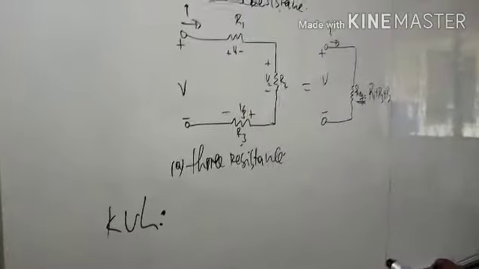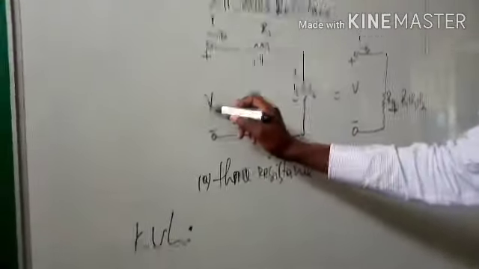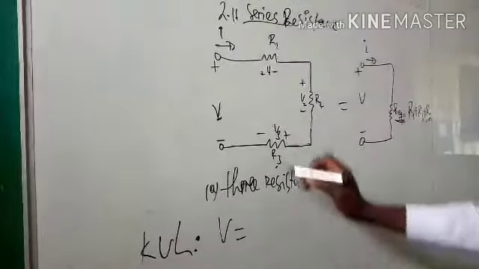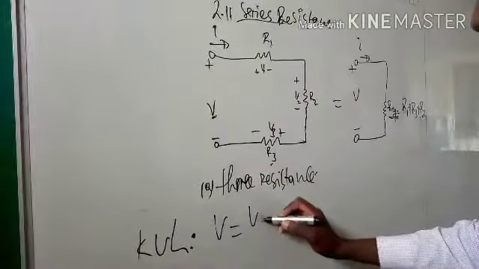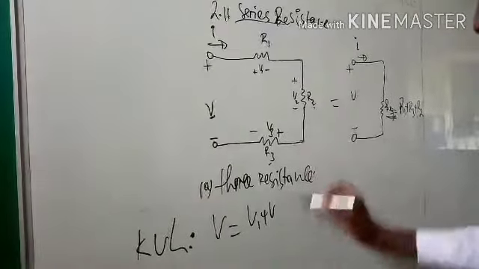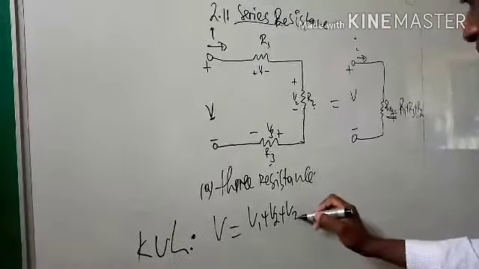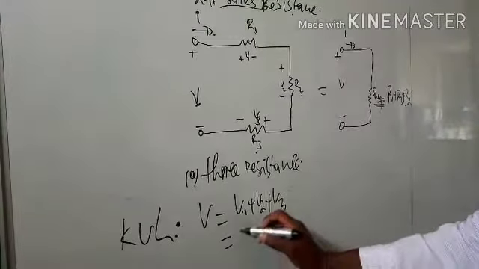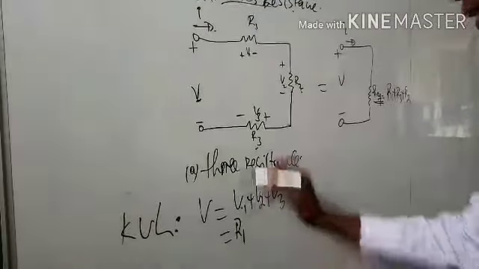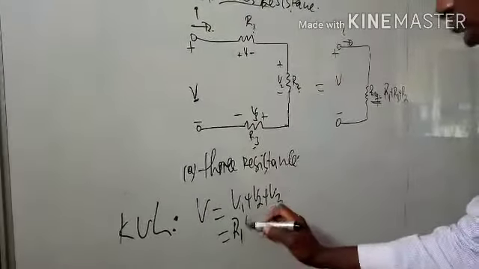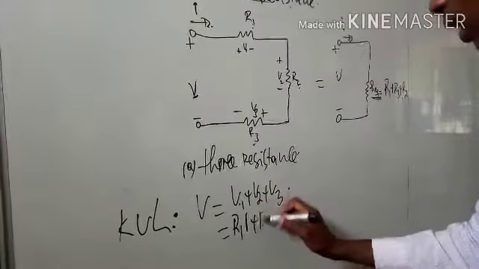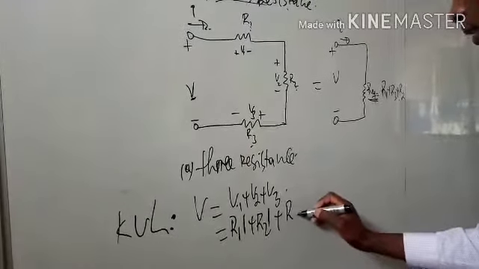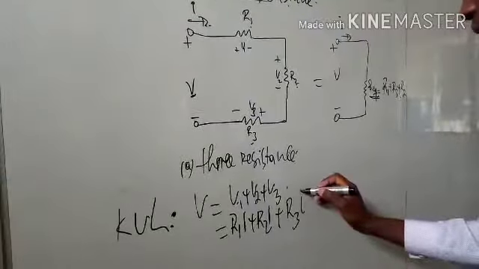Here we have to find the voltage of the whole circuit, and V will be equal to voltage 1 plus voltage 2 plus voltage 3. Voltage 1 is equal to R1 times the current flowing through this resistance, plus R2 times current, plus R3 times current.